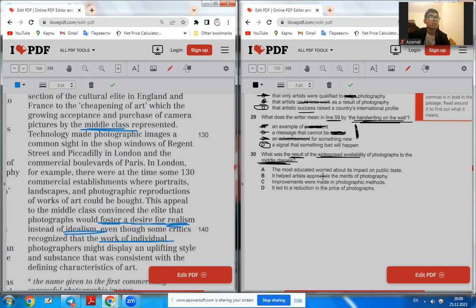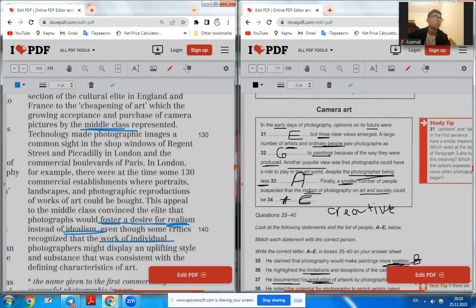Nothing about appreciating its merits. Improvements were made in photographic methods? Nothing about improvements in the photographic methods. It led to a reduction in the price? Nothing about its price. So the answer is A.